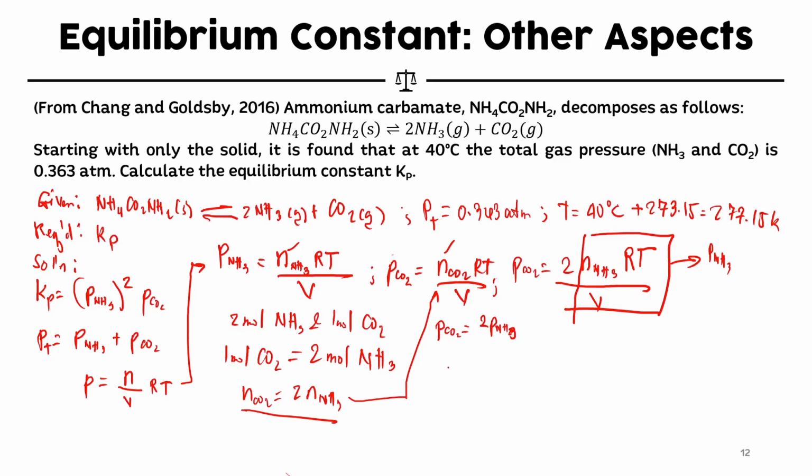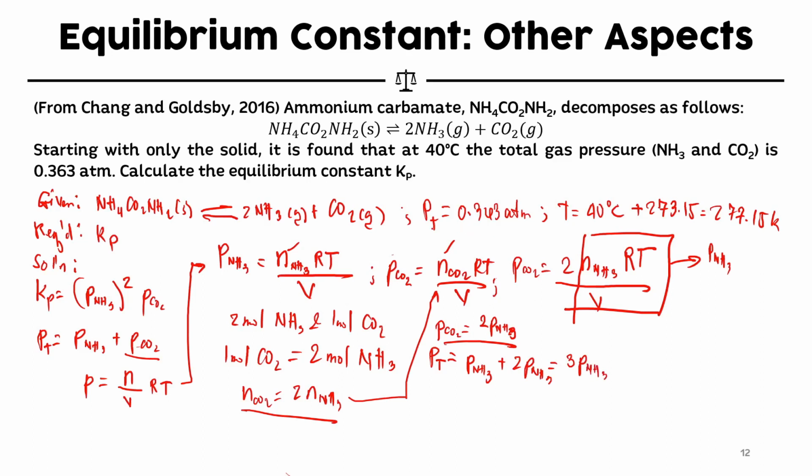So that means the total pressure is equal to, we substitute this expression to here, the partial pressure of ammonia plus 2 times the partial pressure of ammonia, and that is equal to P total, or 1 plus 2, that is 3, so that is 3 times the partial pressure of ammonia.